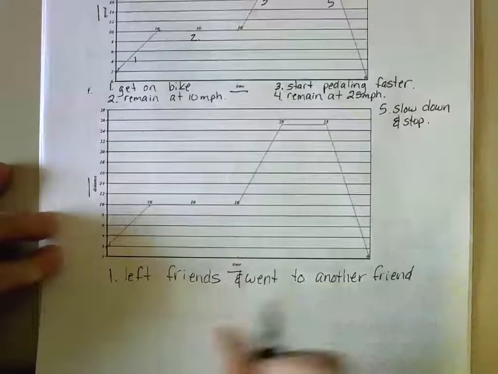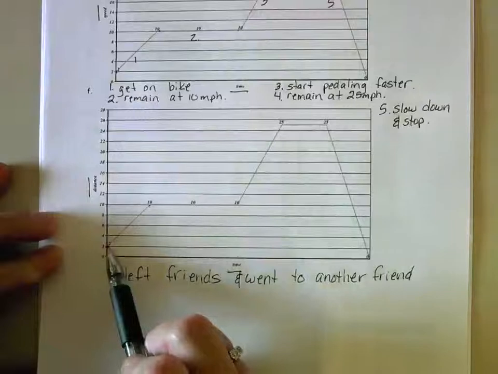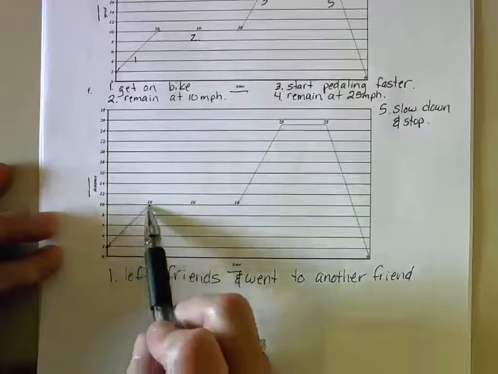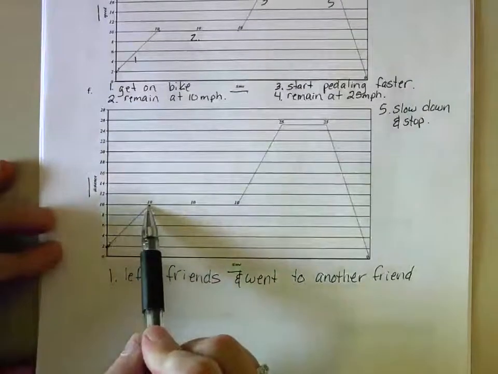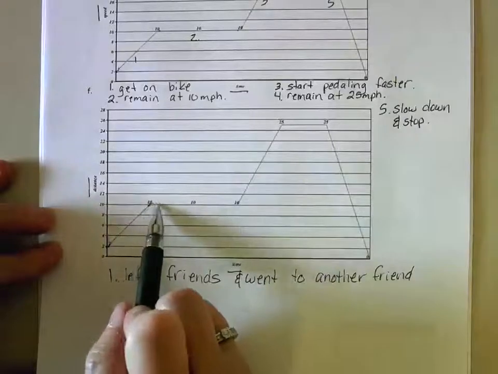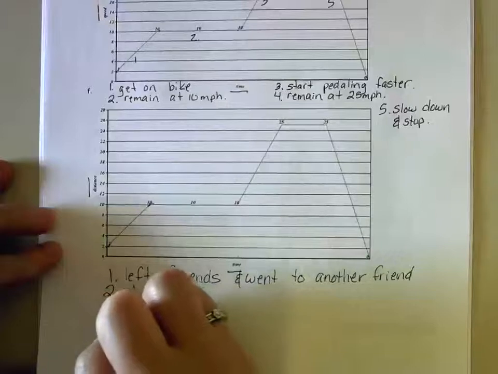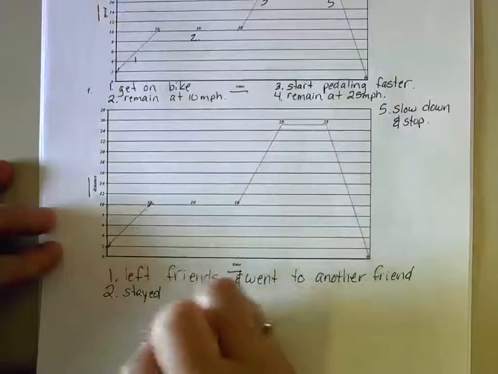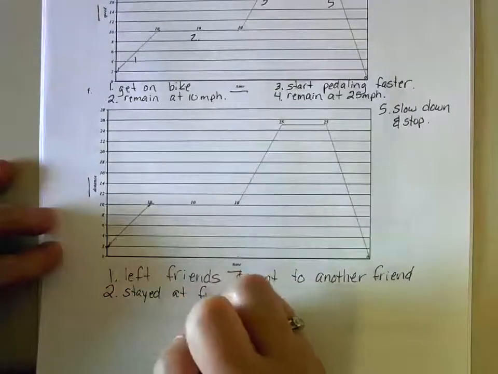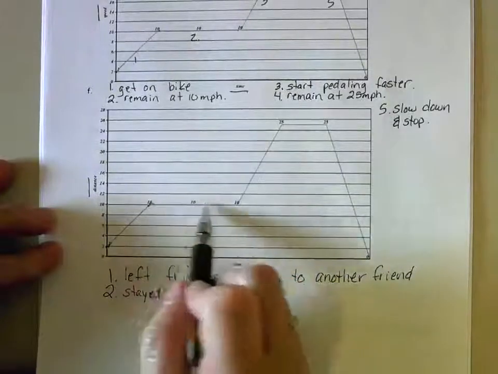So you were at your friend's house, which was 2 miles away from your house. You got in a car and you drove there, and now you're 10 miles away from home. This means your distance doesn't change. So that must mean you stayed at your friend's house. So this is where you stayed at your friend's house for a while.